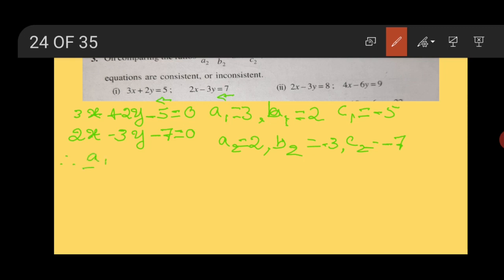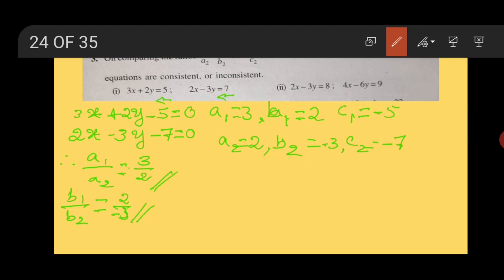Therefore, A1 divided by A2 ratio is equal to 3 divided by 2. We can't simplify further. Then ratio B1 divided by B2 is equal to 2 divided by minus 3, which is minus 2 divided by 3. Are they equal?